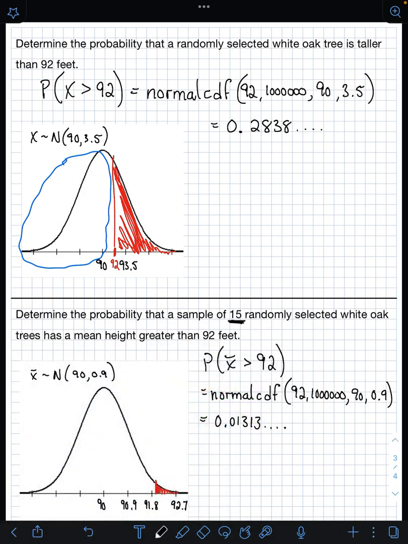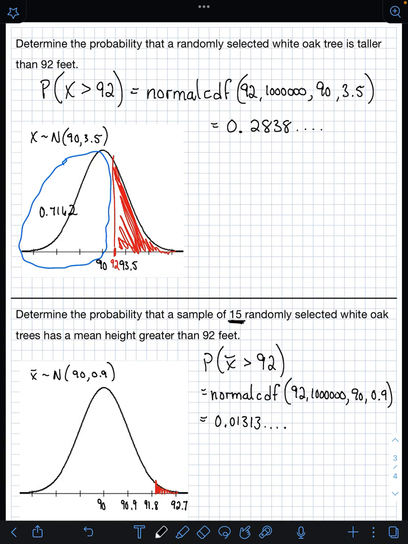So now we're saying out of 15 randomly selected trees, we need to somehow get at least as many above 92 feet as below. But if there's a 28% chance of getting a tree that's above 92 feet, that means, by the complement rule, there is a 0.7162, almost 72% chance of selecting a tree that's smaller than 92 feet.